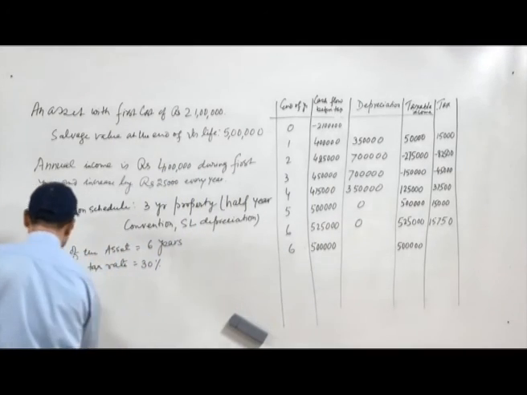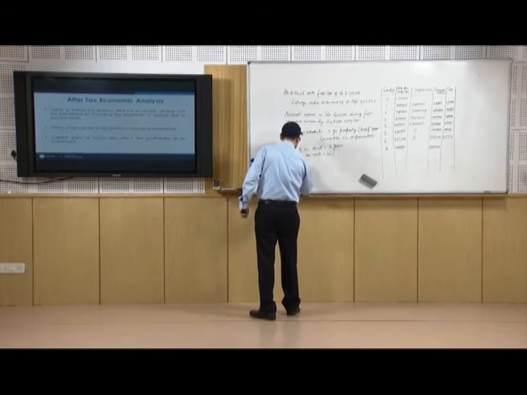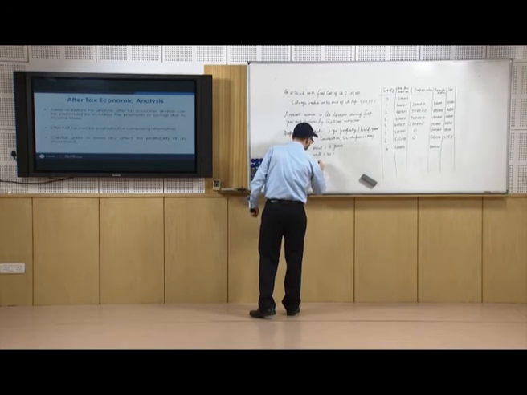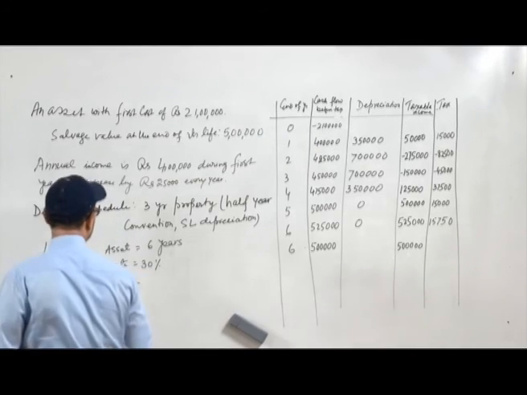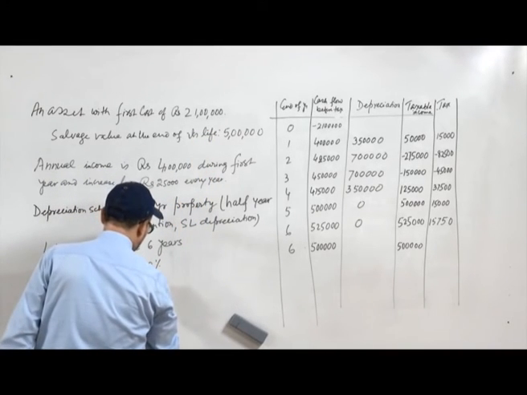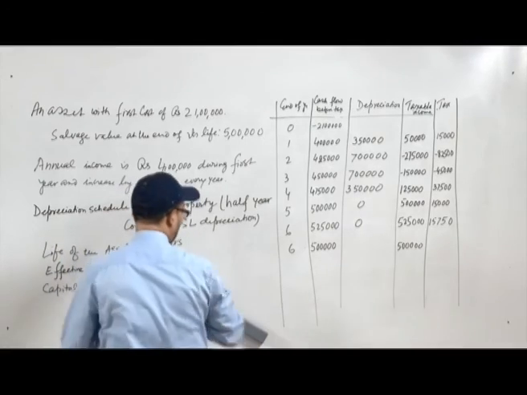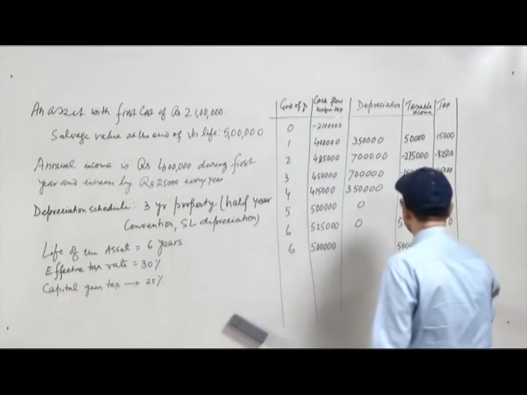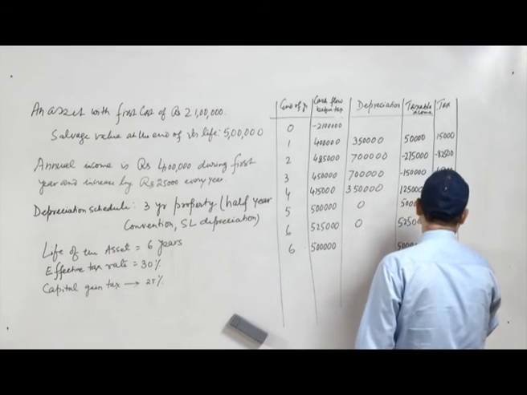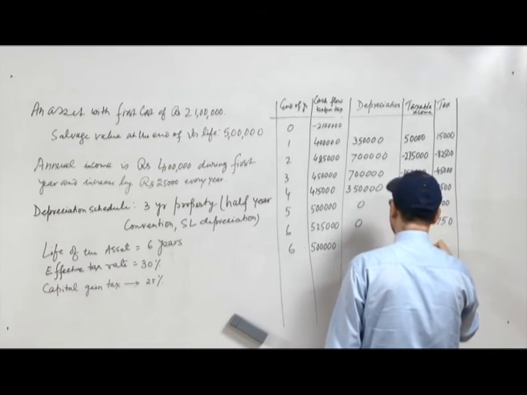If the capital gain tax is assumed to be close to 25%, then 25% of this amount will be taken here and it will be 1 lakh 25,000.